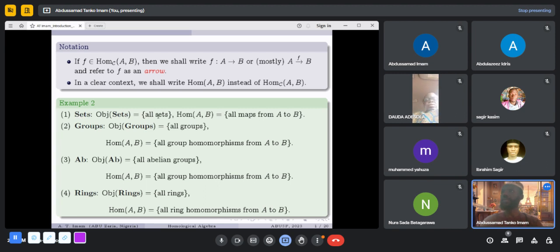This is not a set in the sense of Cantorian set theory. So this is not a small category, it is a large category. But if you take the class of all groups, is it a set? Maybe it's a set. If it is a set, then you have a small category.